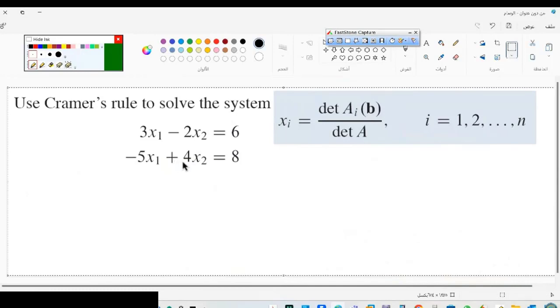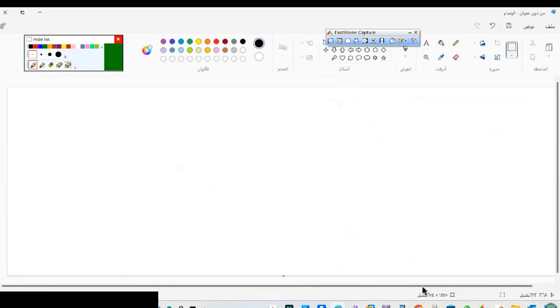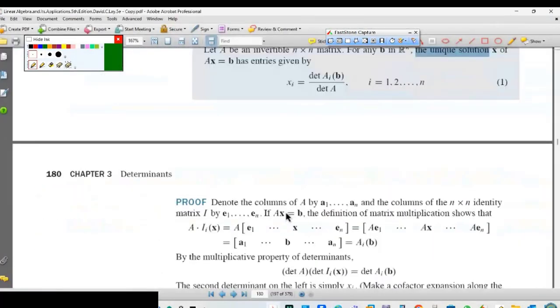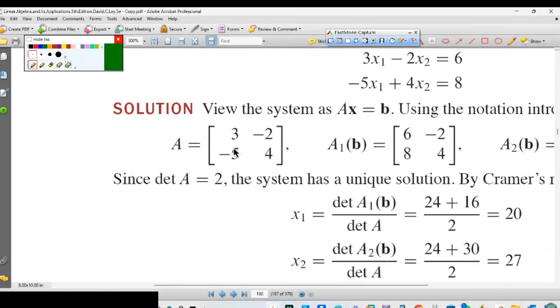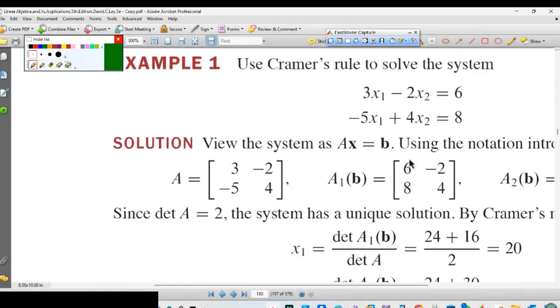Okay, let's go to your book. This is your book. See, this is A: 3, minus 5, minus 2, 4. For B, I took those numbers and I put them here for A1.